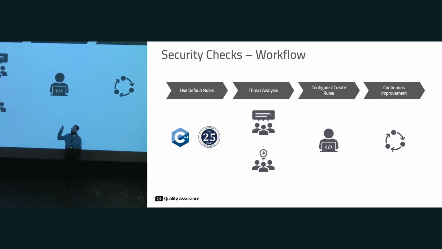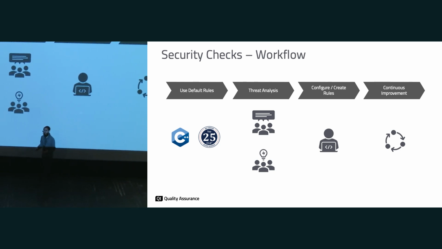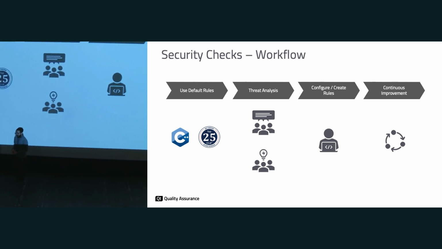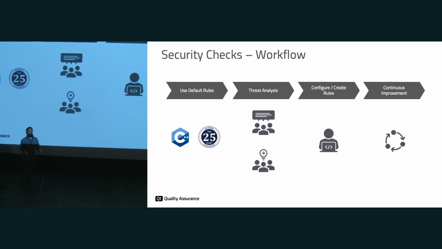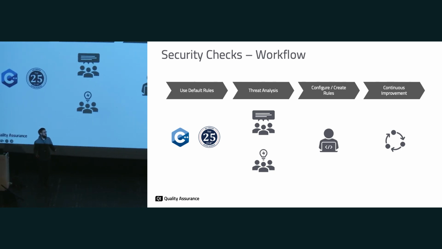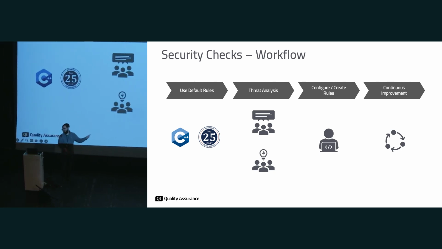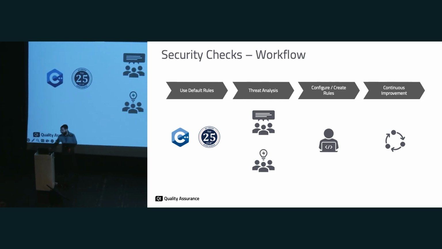Why not create a system that tells you right in your pull requests that what you decided is a problem manifests in your source code, so please fix it right now, and never have the problem again, instead of waiting half a year for the security issue to manifest? And of course, this is security, so you will never be in a secure and safe space. I'm sorry, you have to start all over at the first step once you have got this done at least once.